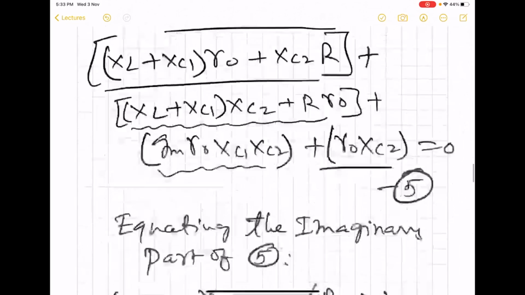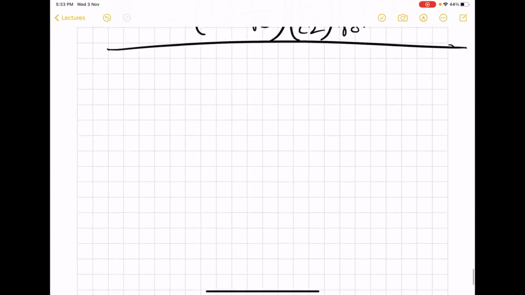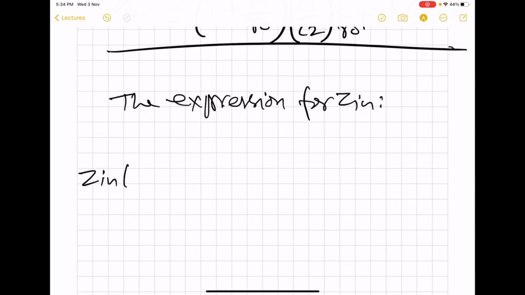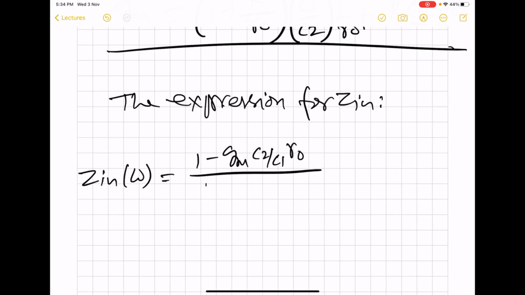So if we carry that out and separate out the real and imaginary part for Zin, what we will get is like this: 1 minus Gm C2 by C1 into R0 divided by 1 by R0 plus omega square C2 square R0.